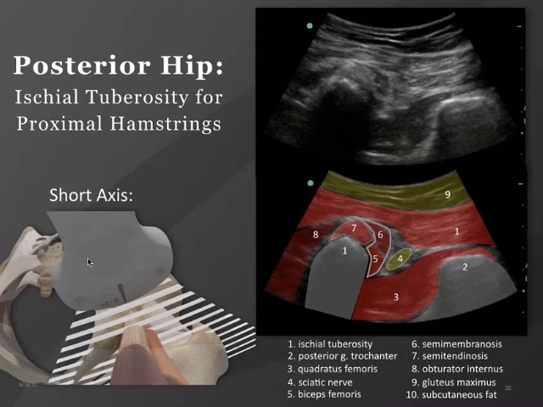When we go to the short axis, or the anatomic axial plane, notice again, here's the ischial tuberosity. This is the posterior aspect of the greater trochanter. Now we're much further inferior. We're well past and inferior to the piriformis muscle. Here is the conjoint tendon, 5, 6, and 7, coming off the ischial tuberosity.